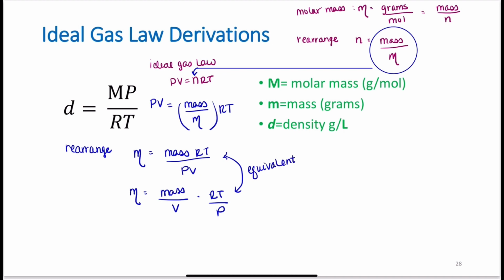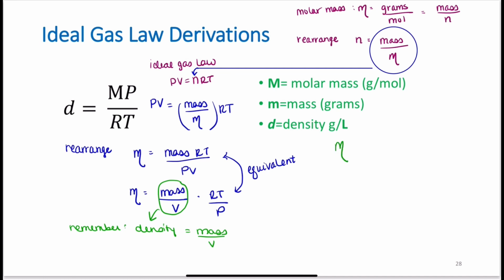But remember, density is equal to mass over volume. So this represents density.